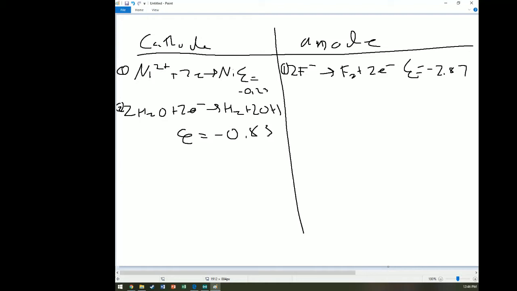Now what if I consider the other side for a moment? Wait a moment. No, there's another half reaction here associated. O2 plus H2O.